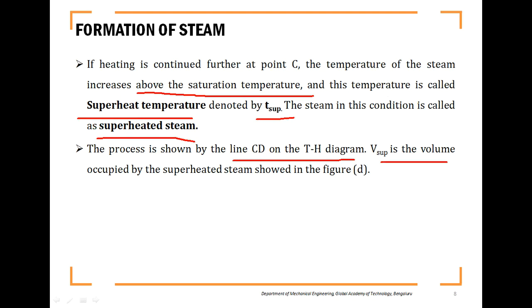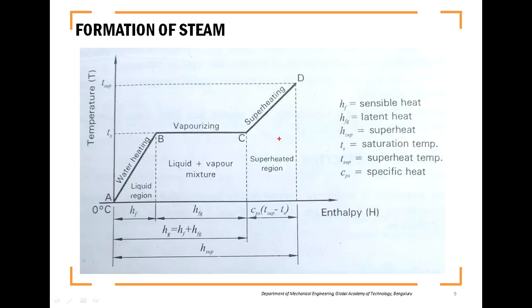VSUP is nothing but the volume occupied by the superheated steam shown in the figure. This is the temperature enthalpy diagram. You get dry saturated steam at C, and at C the volume occupied by the dry steam is shown in the figure as Vg. And now from this state you start to heat further.